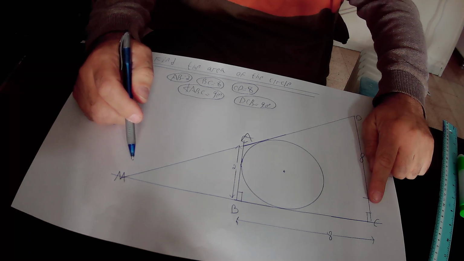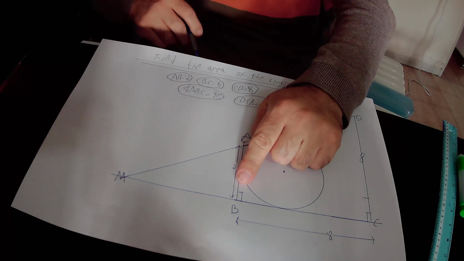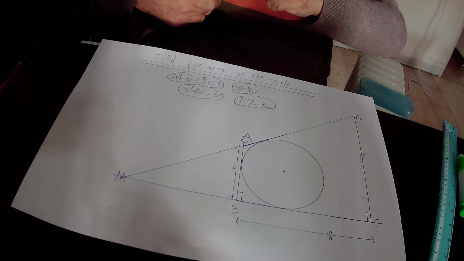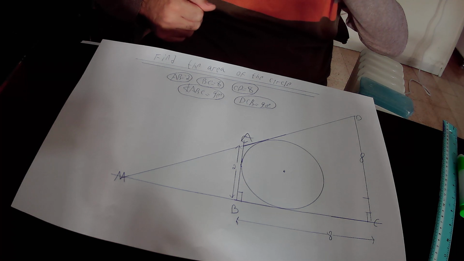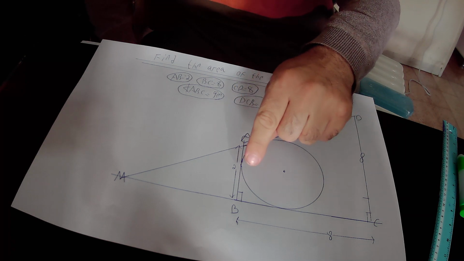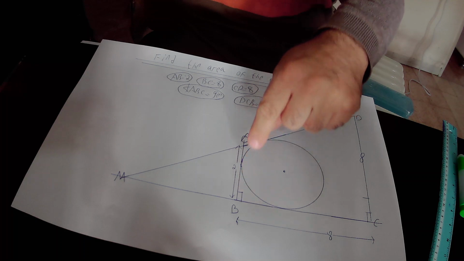So if we focus on the upper side of the straight line CM at point B, the sum of the angles must be equal to 180 degrees, according to the rule that the sum of the angles on one side of a straight line is equal to 180 degrees. Which angles do we have at the upper side of CM at point B? We have this angle that is equal to 90 degrees plus angle ABM.